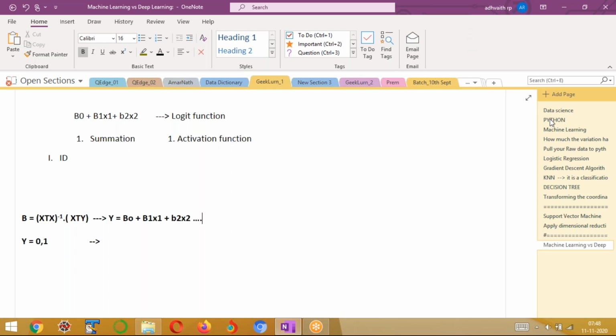So what I'm asking here is, what do I need to do if my values are like this? If my target variable is 0, 1, what did we actually do in your machine learning concepts?